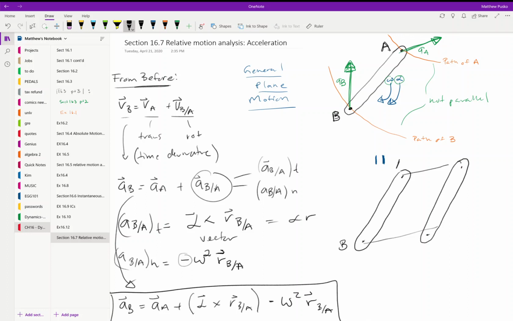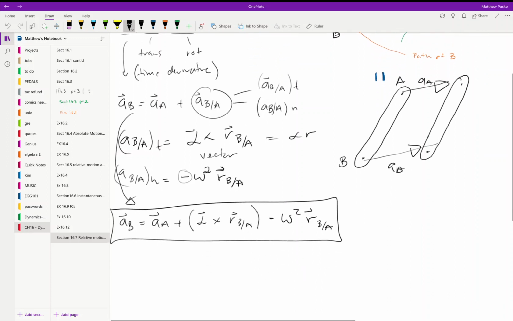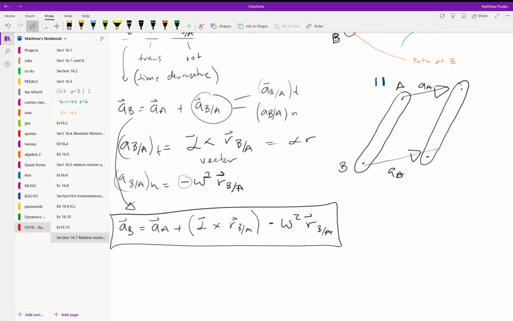So here's A, here's B, and these arrows represent the accelerations. So, the acceleration of B and the acceleration of A. It moved to some new point and it has some acceleration. This is the acceleration of A.